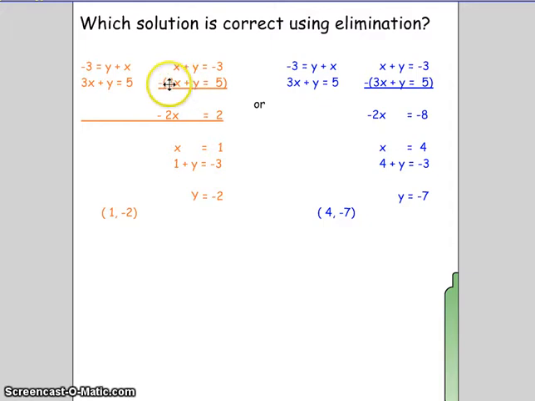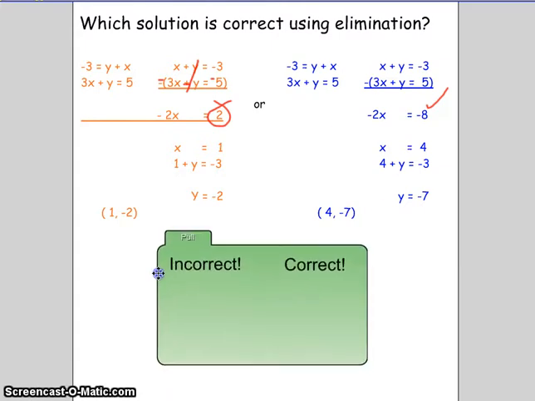When they do that, notice that the y's would add out because they would now be negatives. I'm just going to write over the top of this. I'll have -3x minus y, and then that would be a negative 5. So in order to add these out, I would have a negative 2x's left, but right there it looks like it should be a negative 8. So this one is incorrect, which would mean that this one, which has the negative 8, would be correct. So the blue is the correct one.